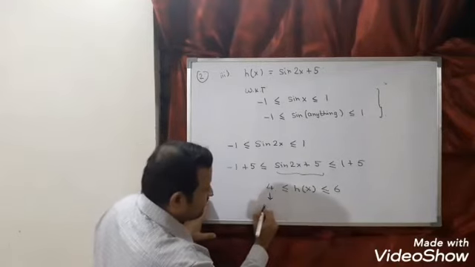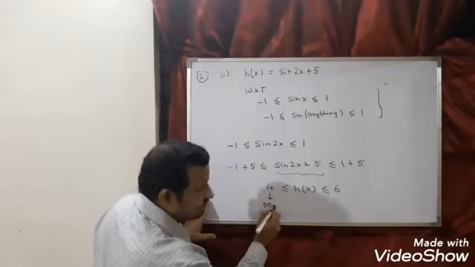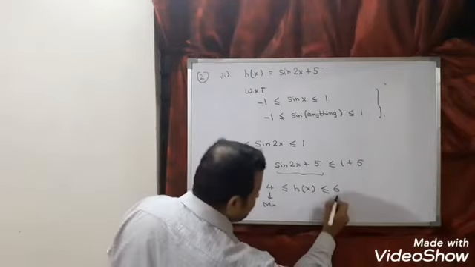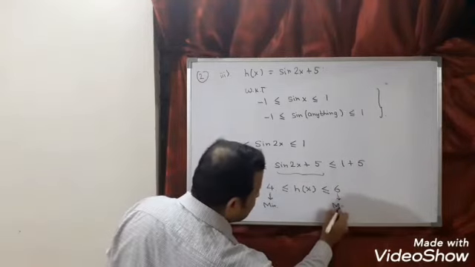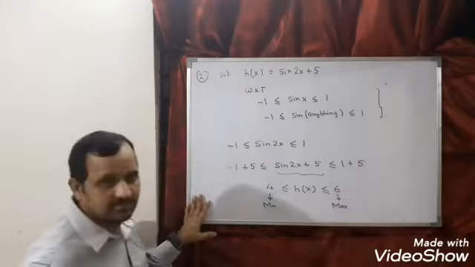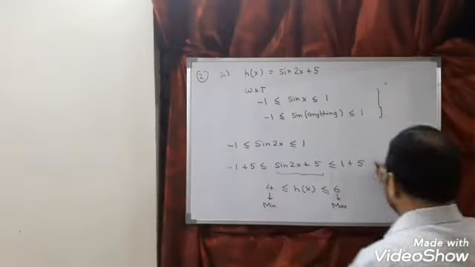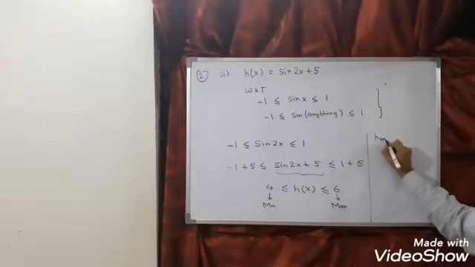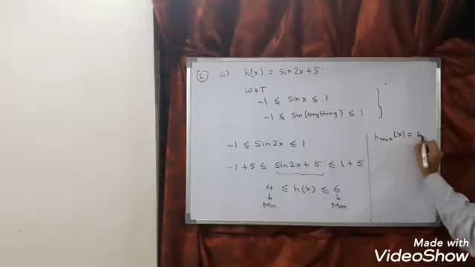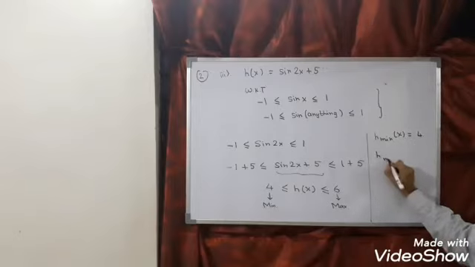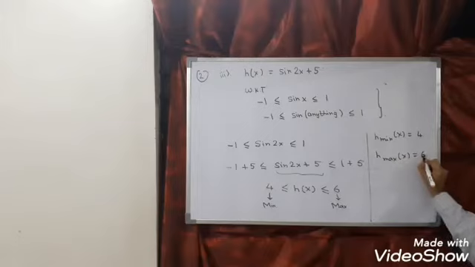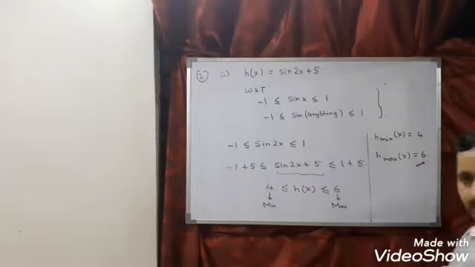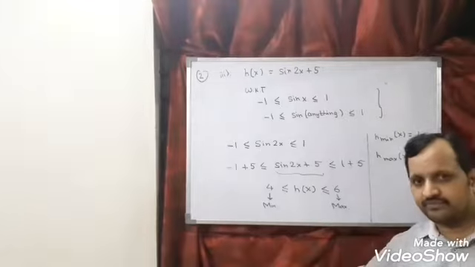So this is the minimum value, and this is the maximum value. So here I can say h minimum is equal to 4 and h maximum value is equal to 6.